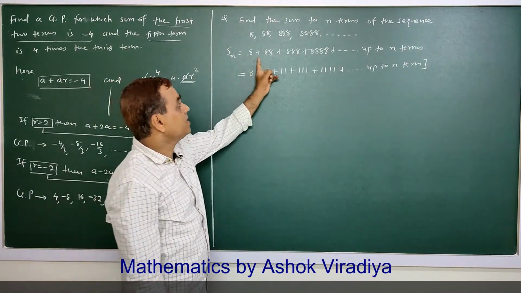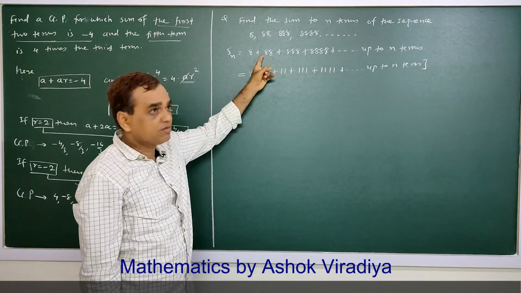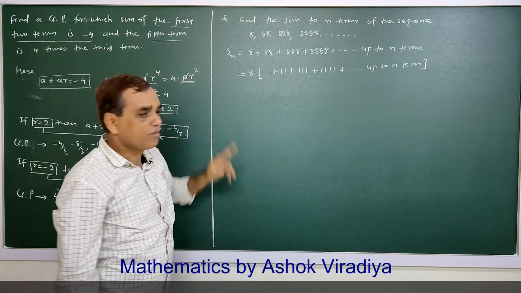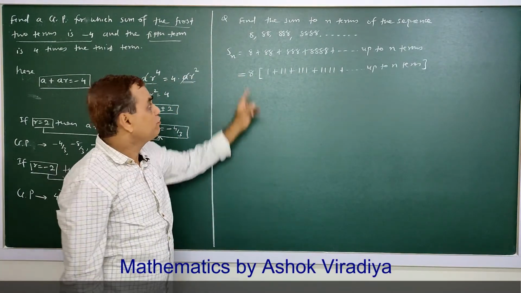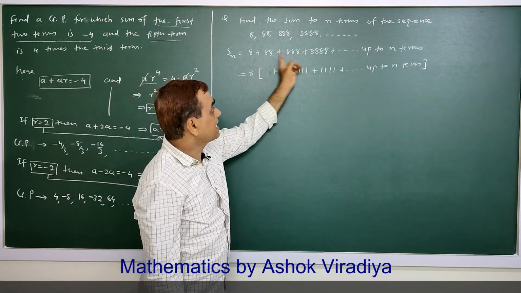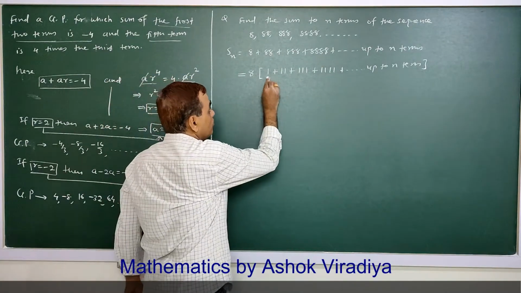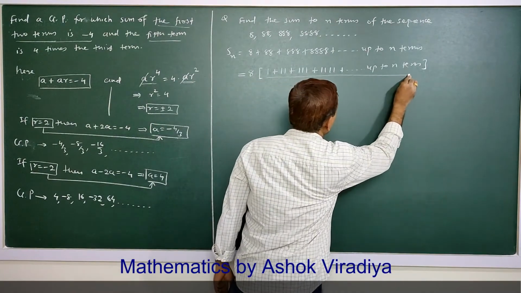If this is a series of digit 5s, take 5 common. If you find 777, take 7 common. If you find 6, take 6 common. So you will have a series of digit 1.